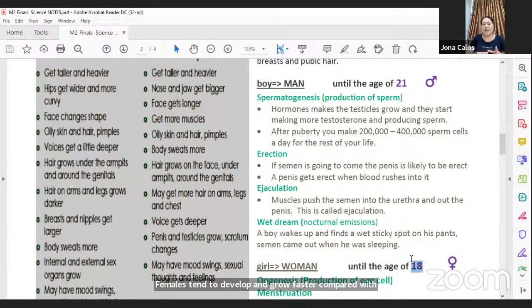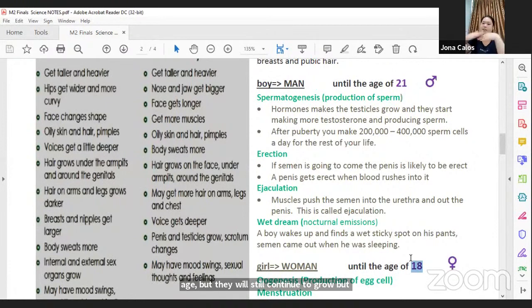Boys or males will mature slower. The growth spurt for females is around 8, 9, 10, 11, 12, when they will grow taller faster. Males, on the other hand, will grow faster around 12, 13, 14, 15.